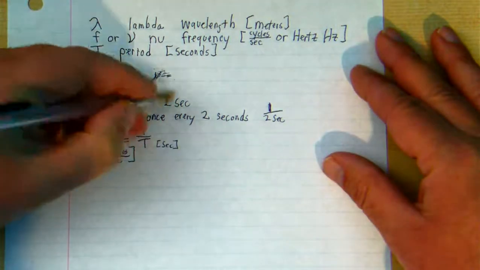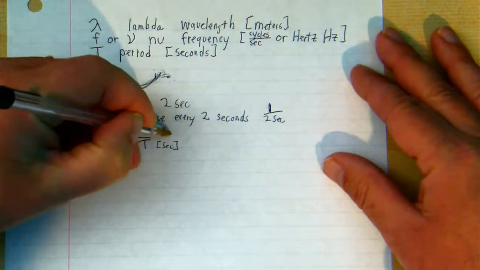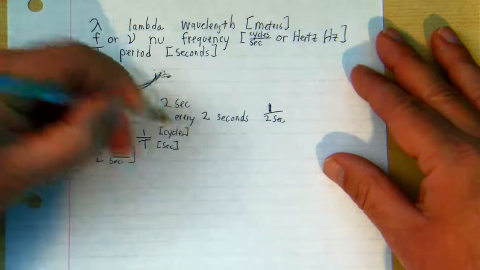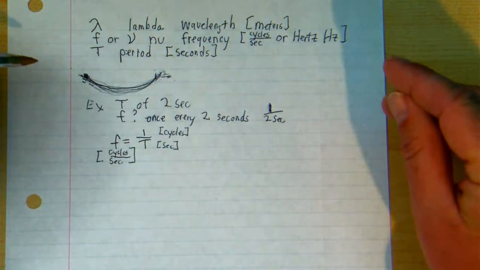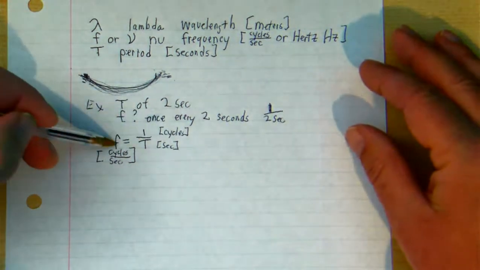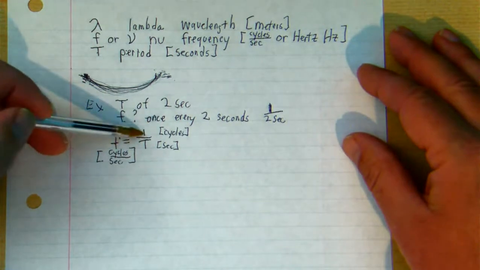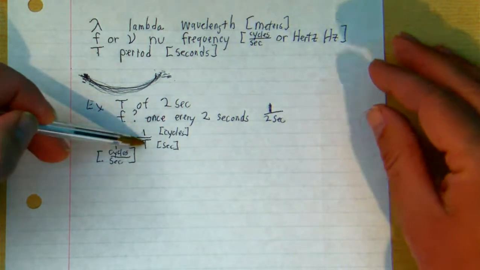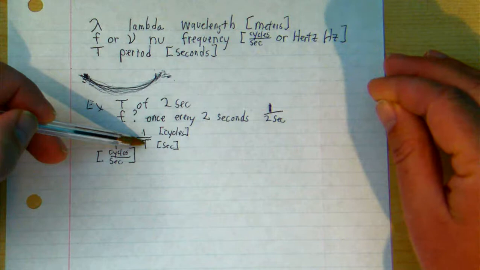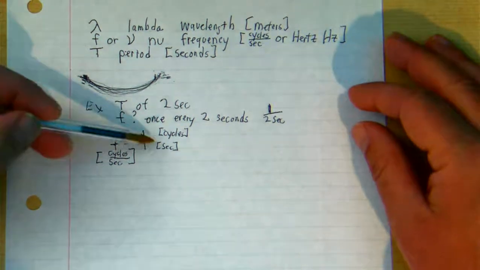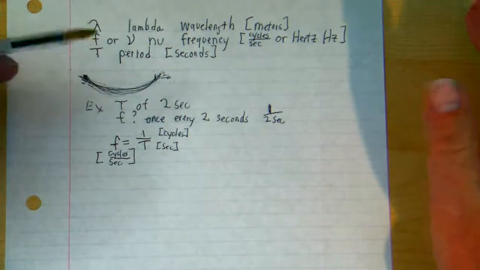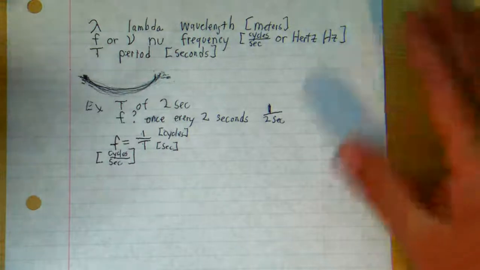And this one up here, you can think of as how many cycles we've gone through, a dimensionless number. So it makes sense. The frequency is how many cycles you do per second of time, and the period is how many seconds of time it takes to complete one cycle.